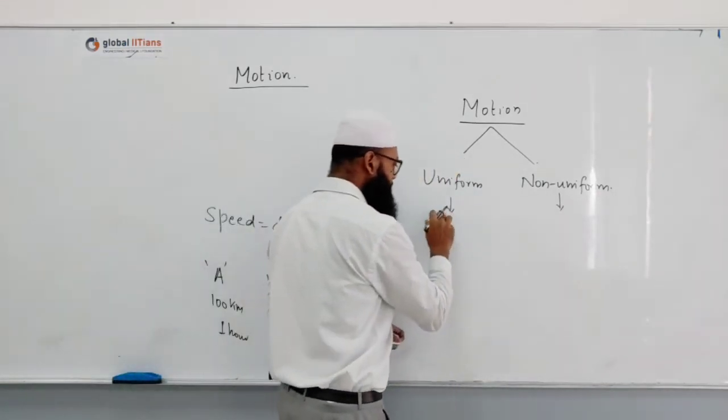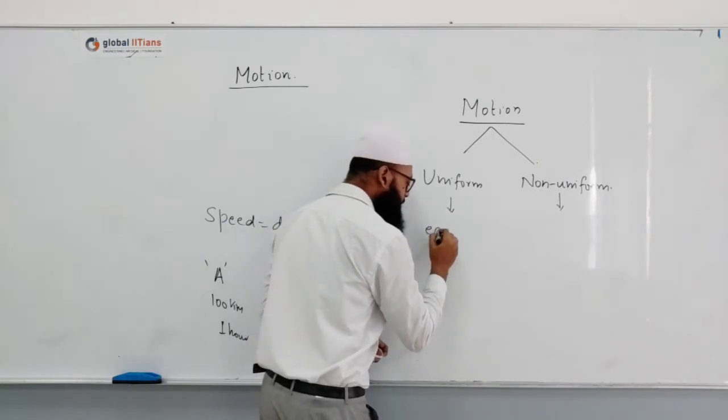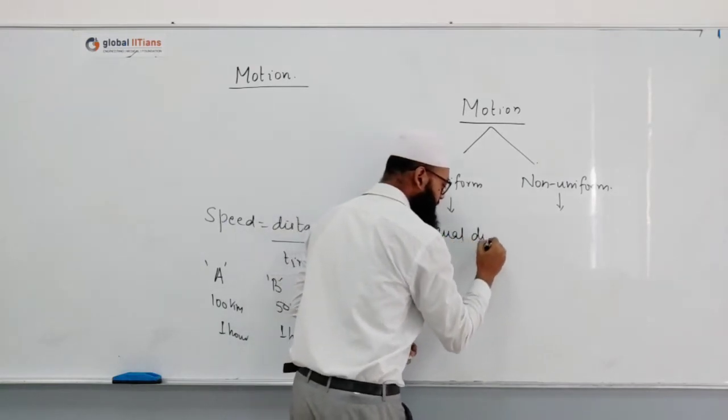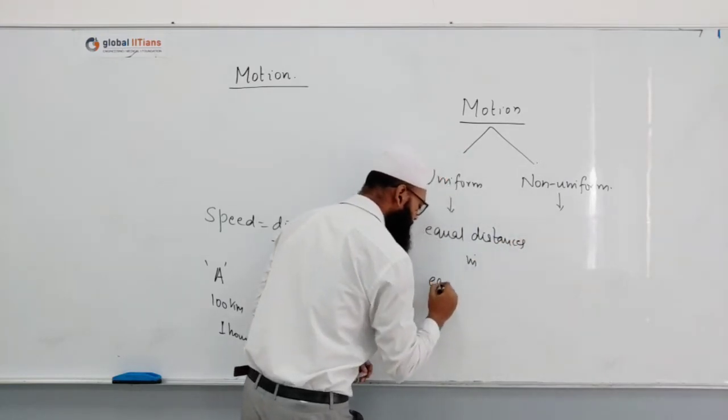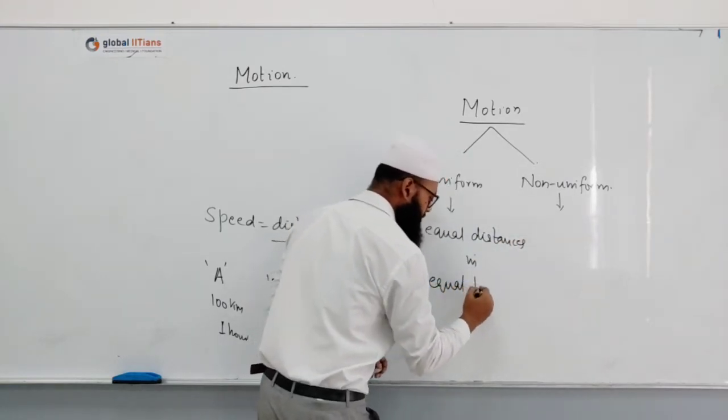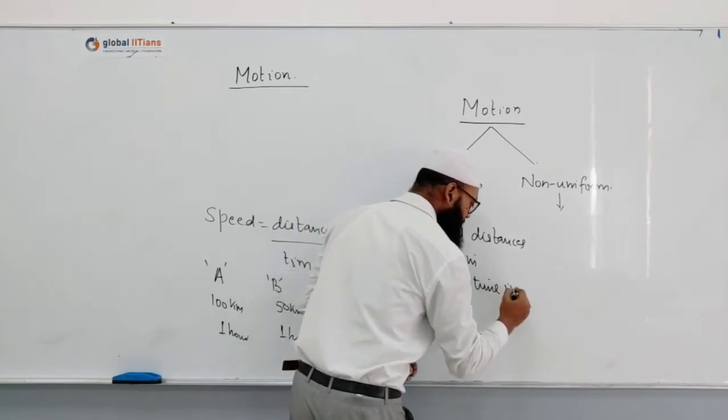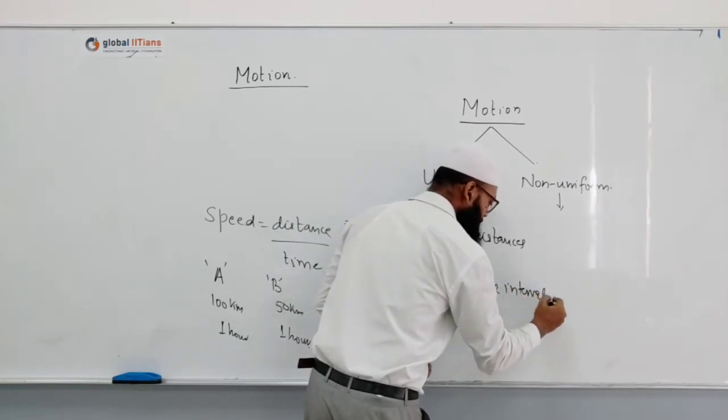Uniform motion means when a body is covering equal distances in equal time intervals, then we call it uniform motion.